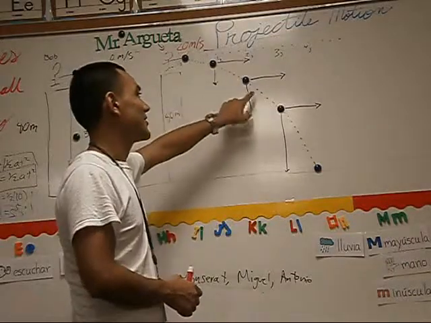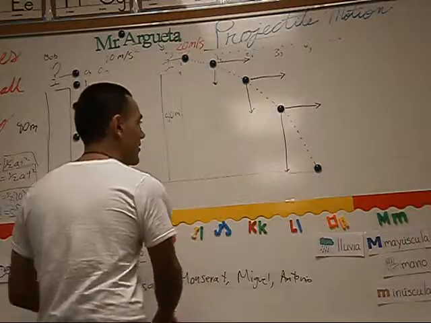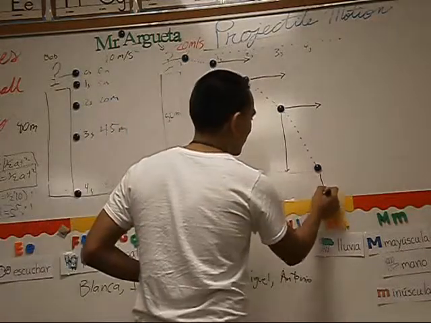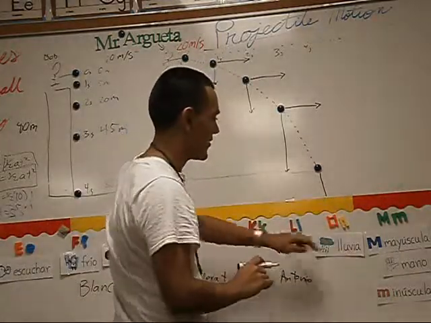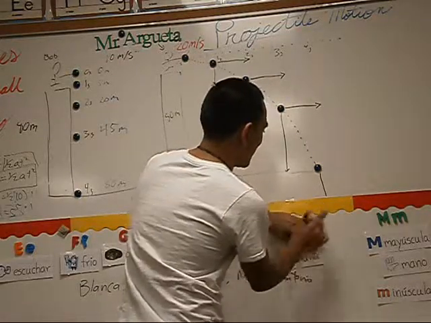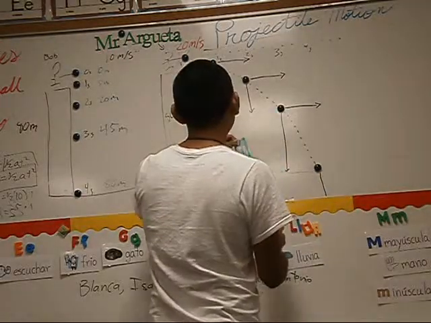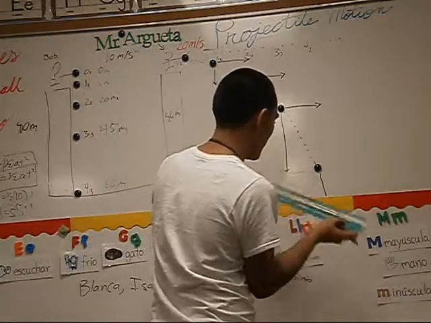That is the resultant. And then I forgot one more. This. Well, I don't want to go here. You know what? Let me go here. Should be a little more.